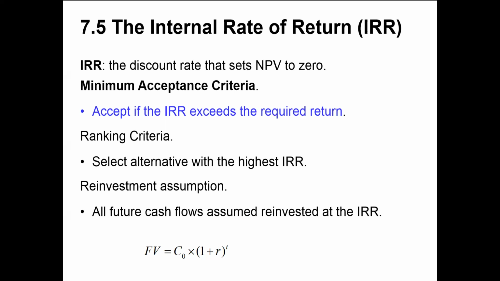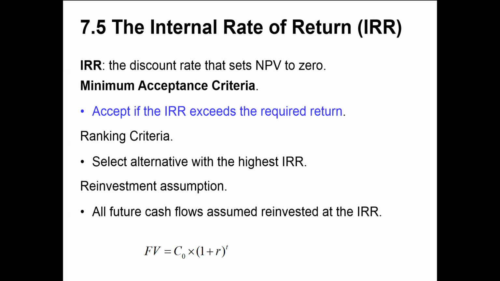So can you say that this project with the 10% internal rate of return is a good investment for you? What is your answer? The answer is that it depends on the criteria you set up for this investment.